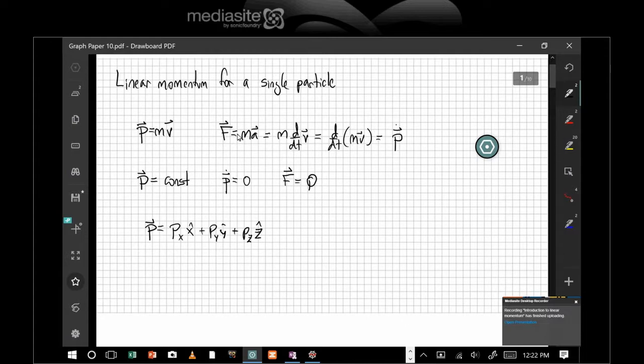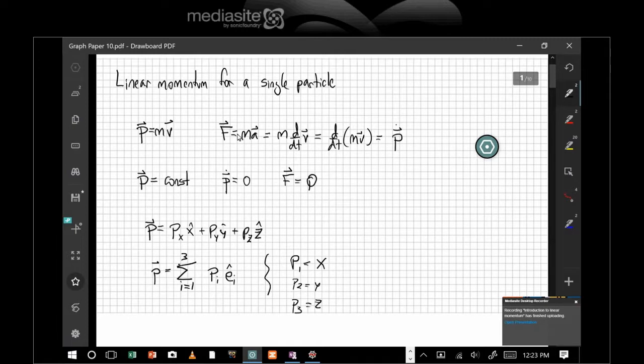Now I'm going to define a new notation where I write the momentum as a sum over i from 1, 2, 3 of p i times the symbol e i hat. What does that mean? Well, p1, 2, 3 is x, y, z, so p1 is equal to x, p2 is equal to y, and p3 is equal to z.